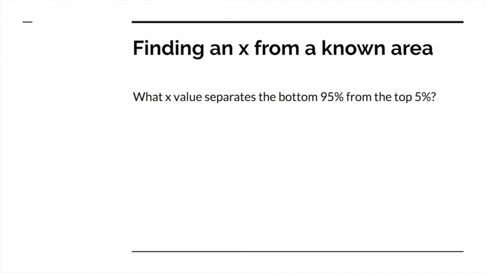It says area, mu, sigma. The area we're looking for would be the area to the left. So we would type in 0.95 for the area. Then we go down to paste, and we get 1.64485. We'd probably round that to 1.645. 1.645 separates the bottom 95% from the top 5%.